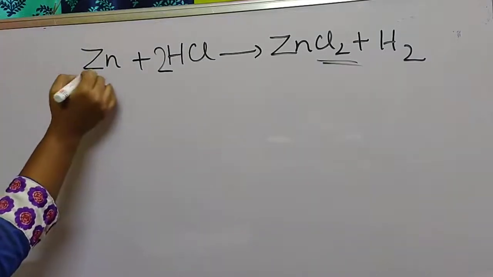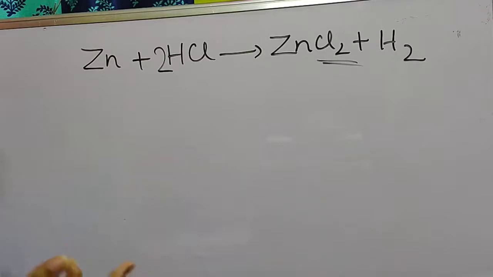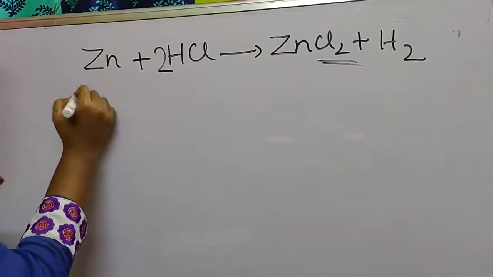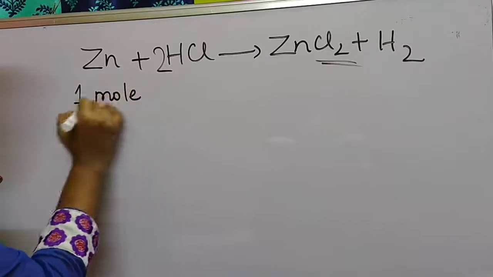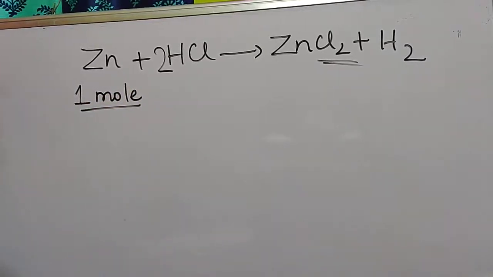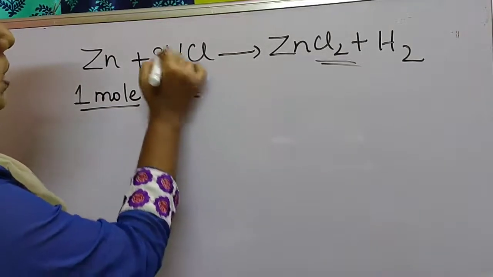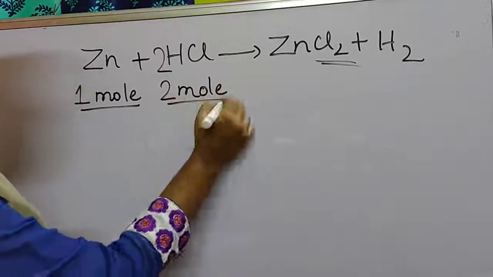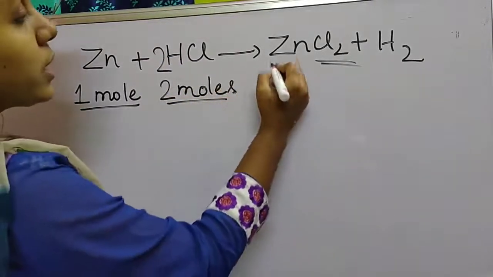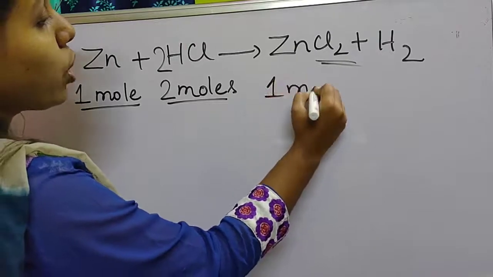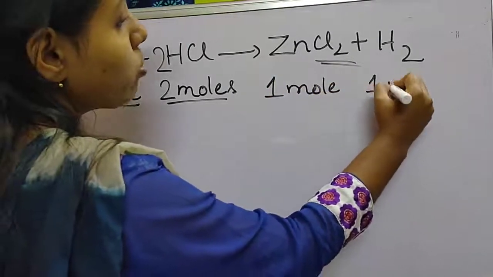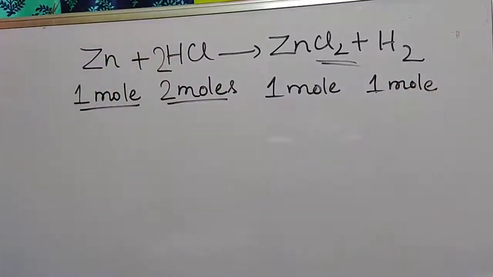Here zinc is a monoatomic substance, so 1 mole of zinc, or in terms of atoms, 1 atom of zinc. Here 2 is the coefficient of HCl, so 2 moles of HCl react with 1 mole of zinc, to make 1 mole of zinc chloride and 1 mole of hydrogen.